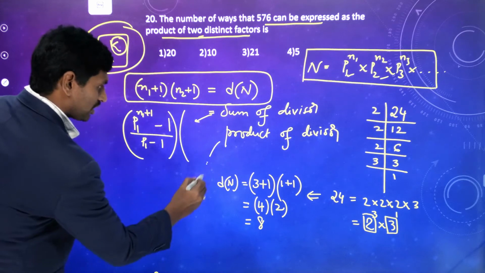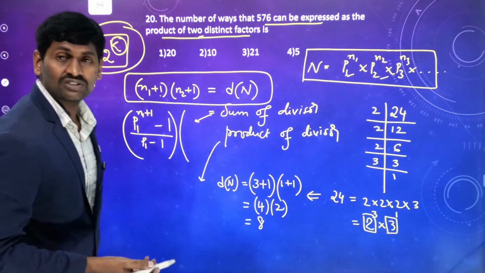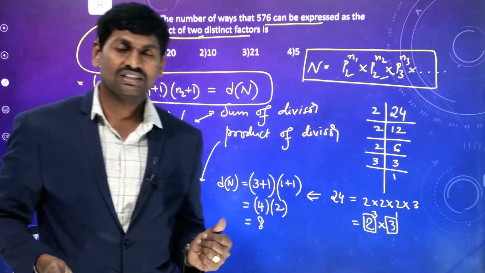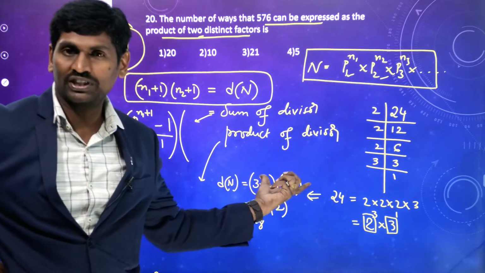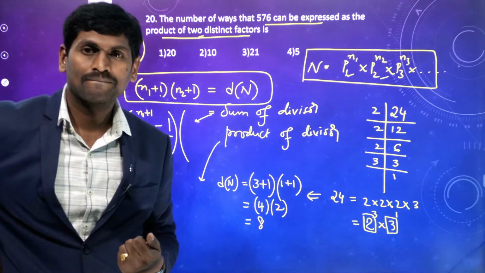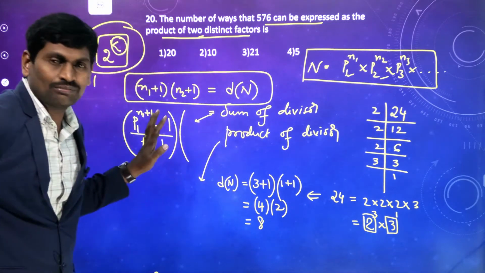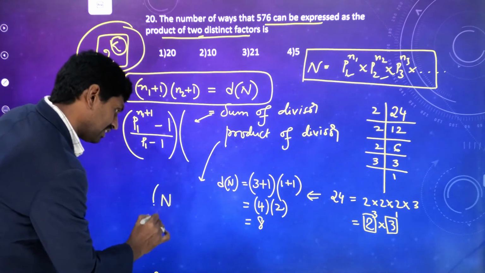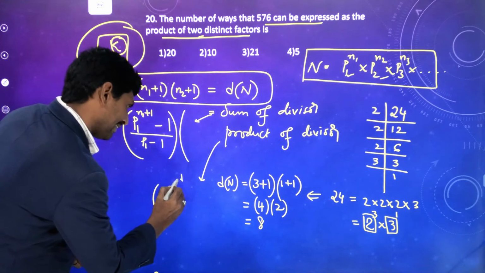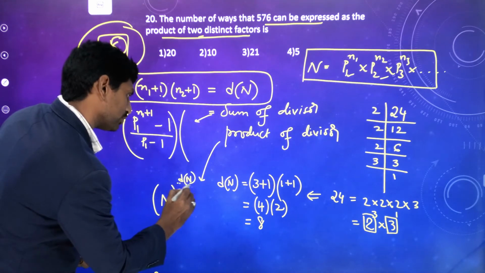In the same way we learn this formula. At the same time, the product of divisors: what is the formula for the product of divisors of a composite number? Very good. It is the number power the number of divisors by 2.